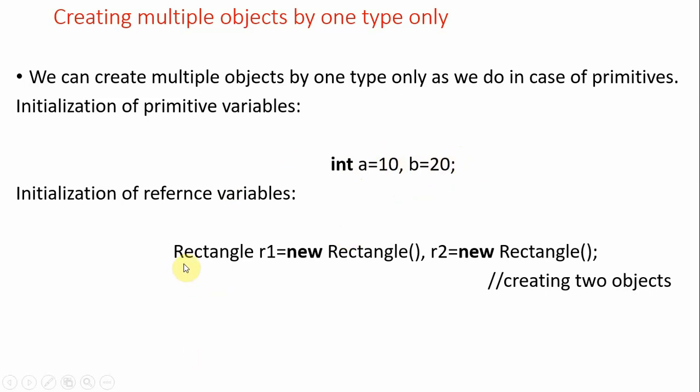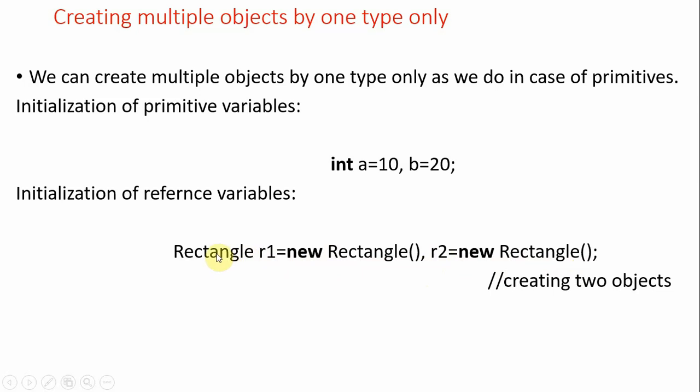Like that: Rectangle, the class name, r1 is the reference variable equal to new Rectangle, which is object creation, comma r2. r1 is one reference variable, r2 is a second reference variable, separated with a comma, equal to new Rectangle.